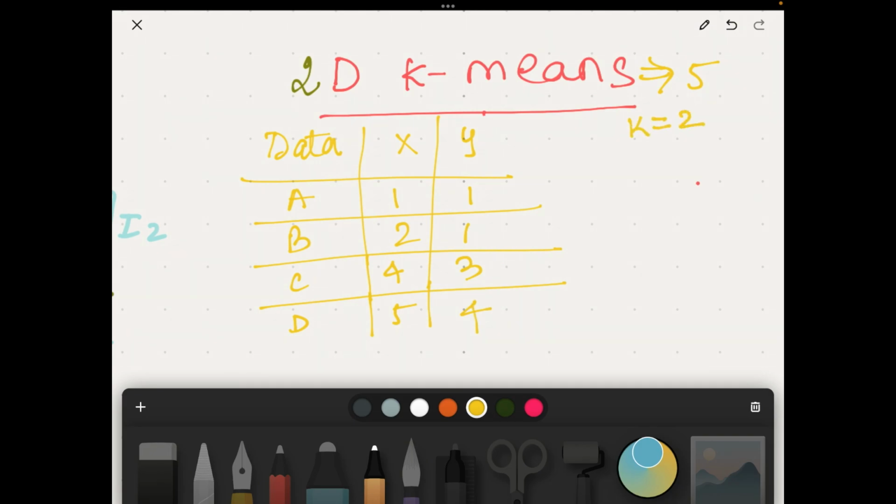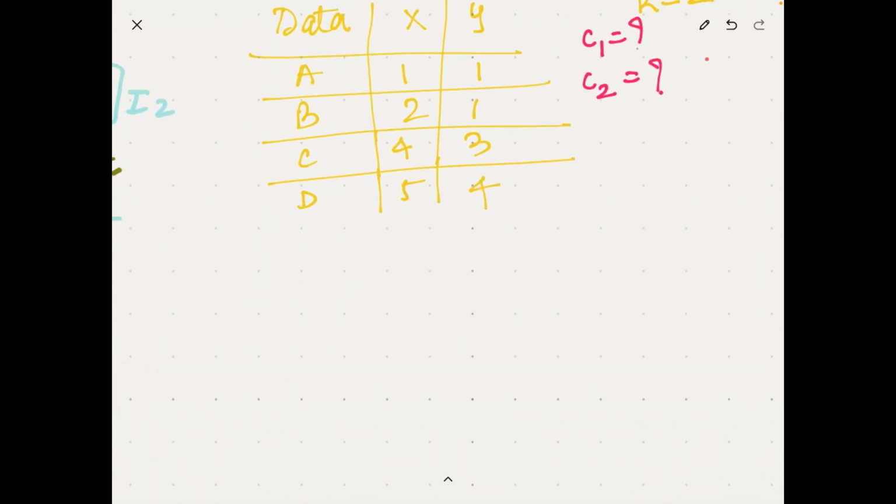That means you need to have two clusters, C1 and C2. This is what you have to find. Now you start by assuming two centroid values. I'll be assuming C1 to be equal to 4,3, that is this value here, and C2 to be 5,4, that is this value here.